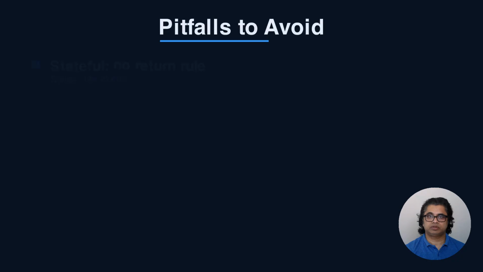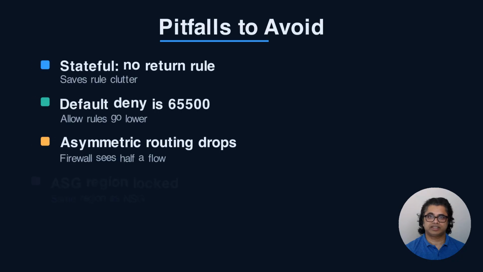A few traps worth calling out. NSG rules are stateful, so don't waste a return rule for an allowed flow. The default deny inbound rule has priority 65,500, so any allow rule needs a lower number. When you have both subnet and NIC NSGs, troubleshoot with NSG flow logs or the Network Watcher IP flow verify tool, because silent drops are usually the layered rule you forgot.